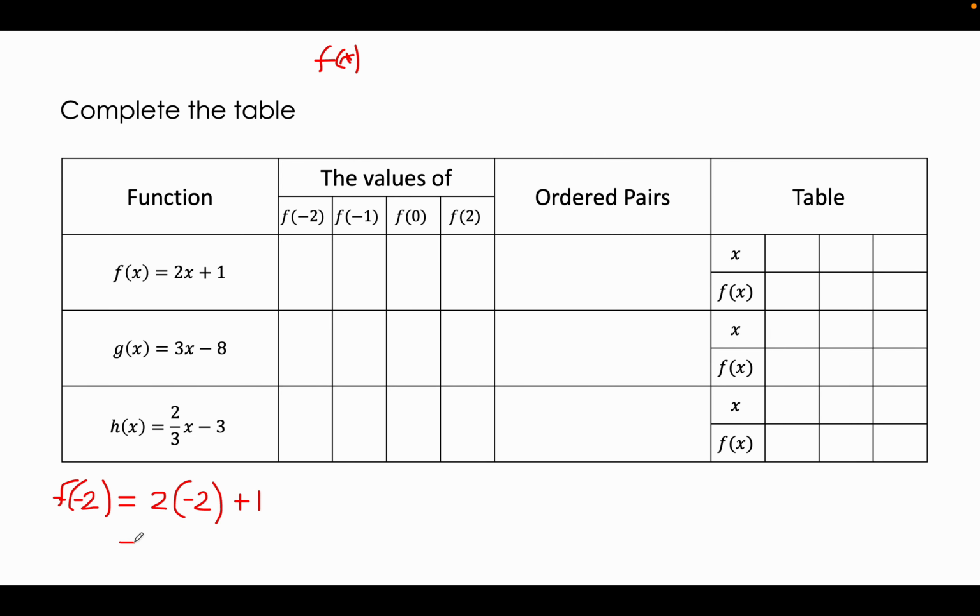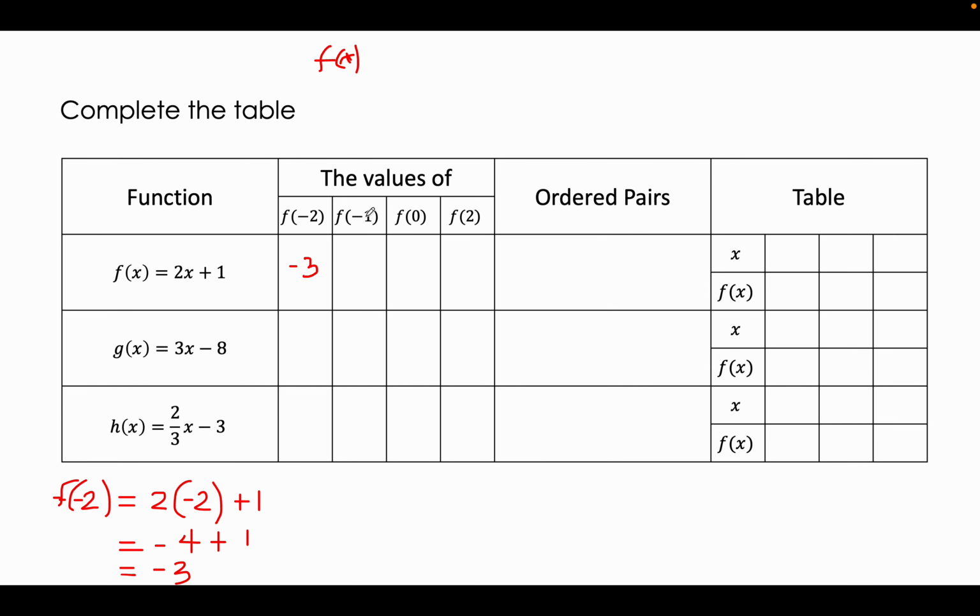And then simplify. 2 times negative 2, we have negative 4 plus 1. And then negative 4 plus 1, we have negative 3. Therefore, when x is negative 2, f of negative 2 is equal to negative 3.